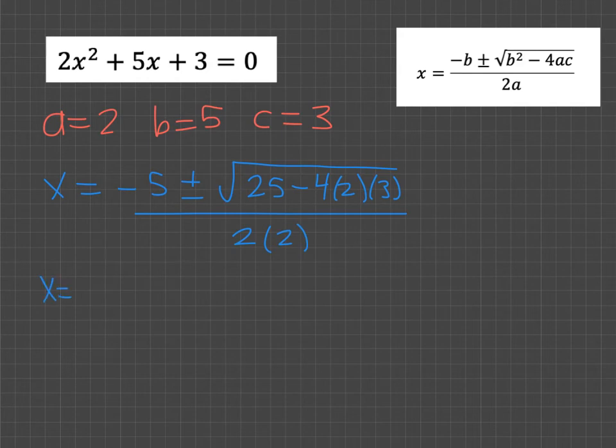Now carefully doing the arithmetic, negative 5 plus or minus 25 minus 4 times 2 times 3 is going to be minus 24, all over 2 times 2, which is 4. So we get x equals negative 5 plus or minus, underneath the square root, we're left with 1.